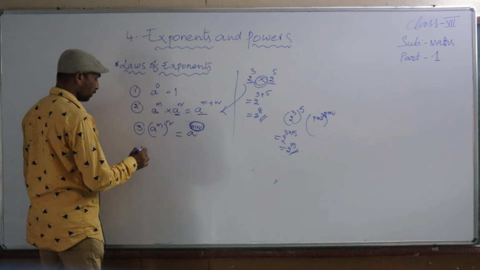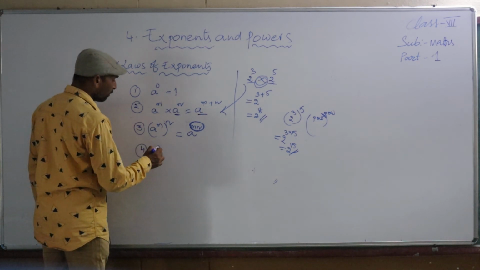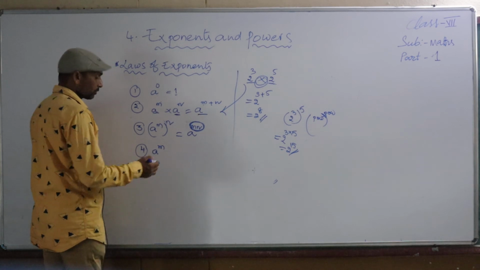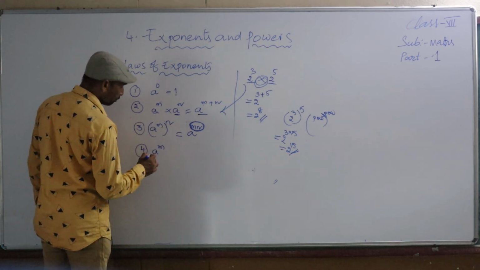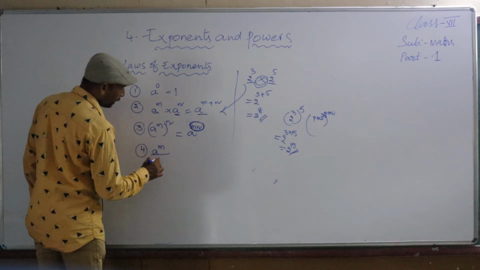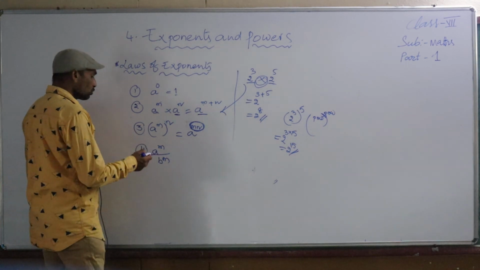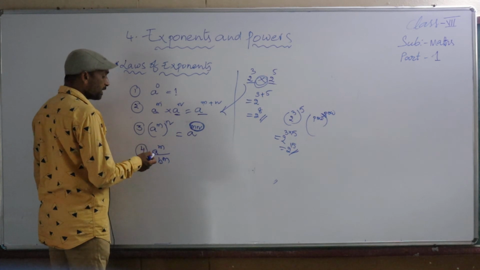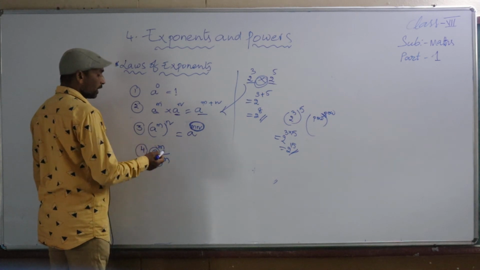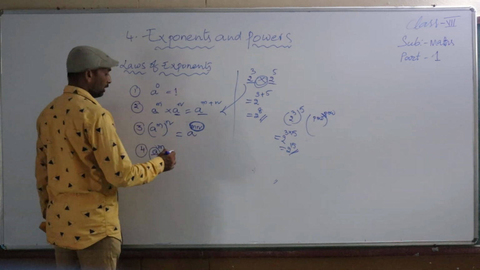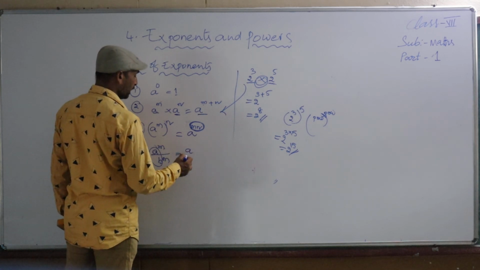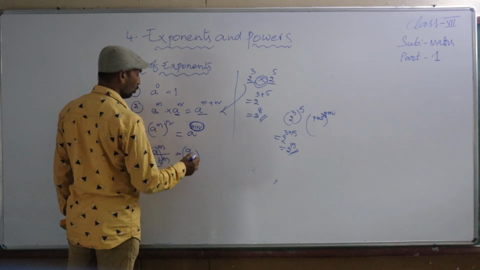Then the fourth one, a power m by b power m. See children here, the bases are different but the powers are equal. So we can write (a by b) whole power m.